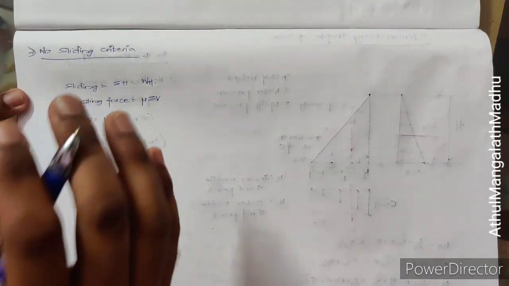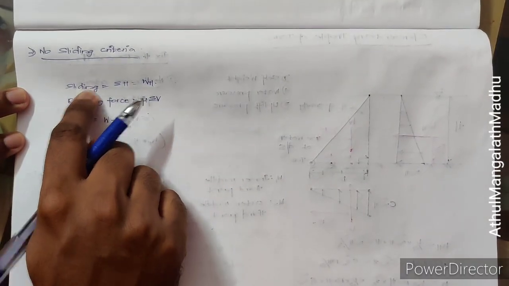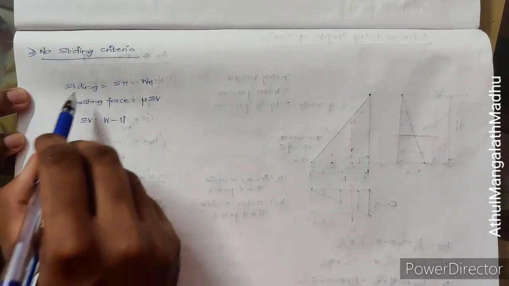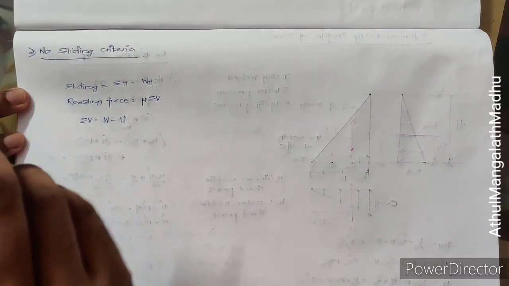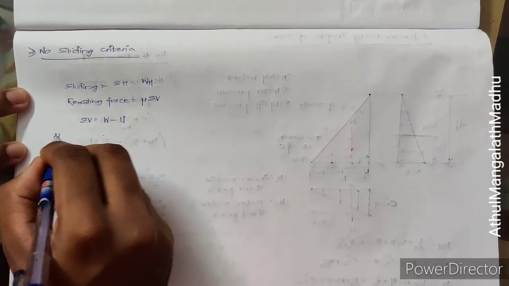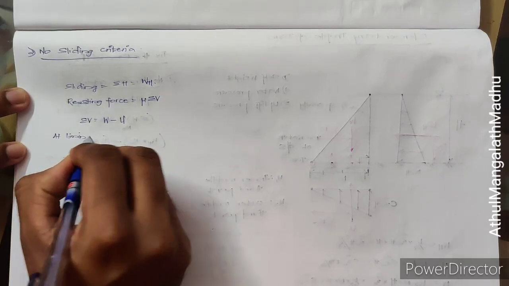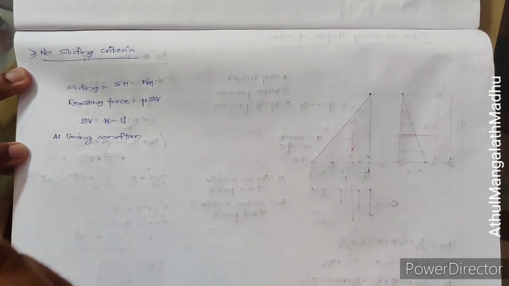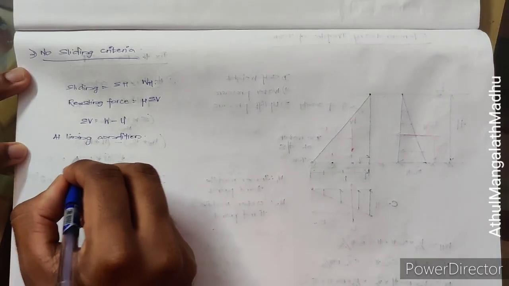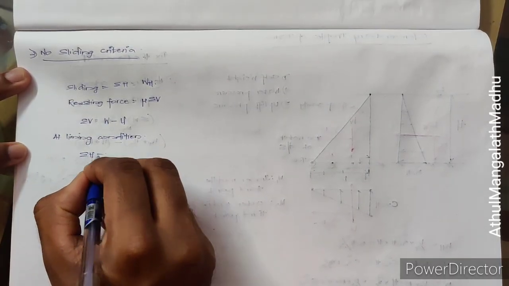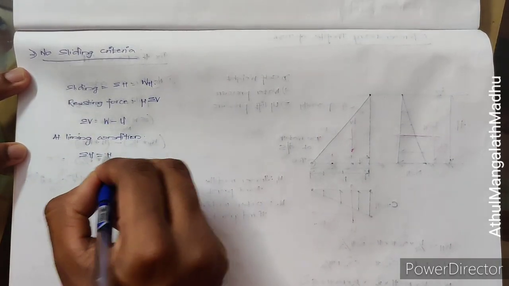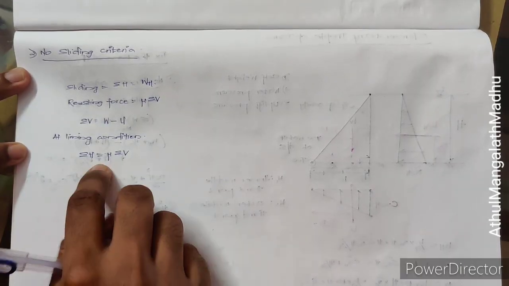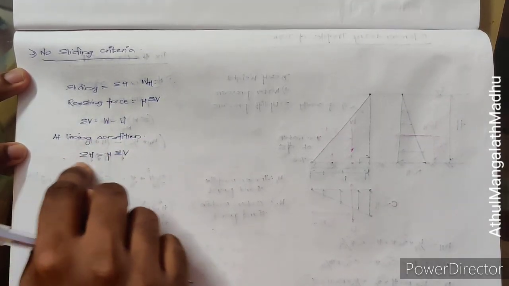And the limiting condition, see, you have resisting force and sliding force. Always we know that the resisting force has to be more than the sliding force, but at the limiting condition, your resisting force should be at least equal to the sliding force.